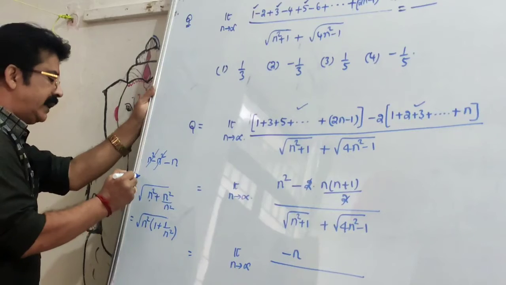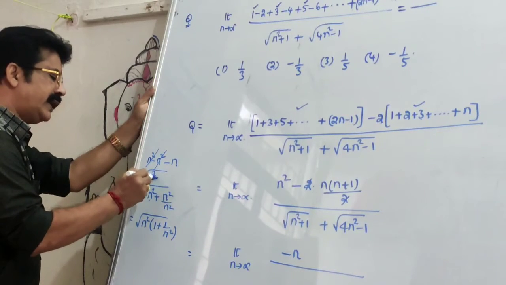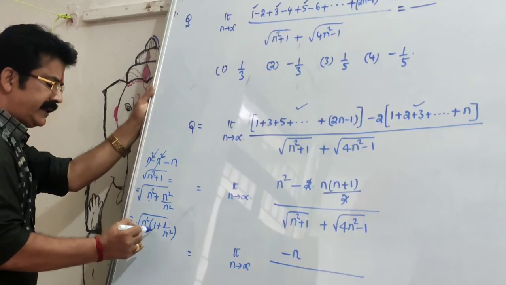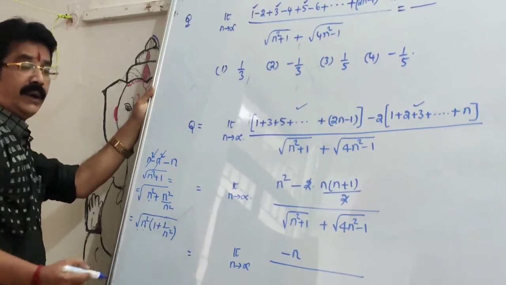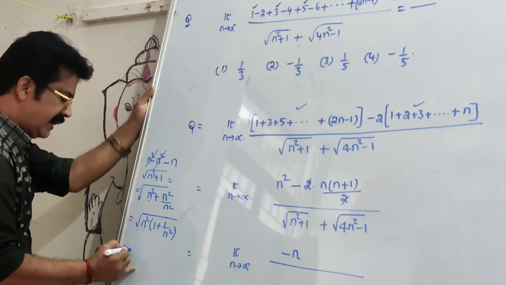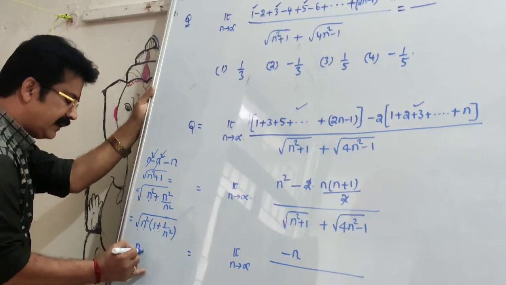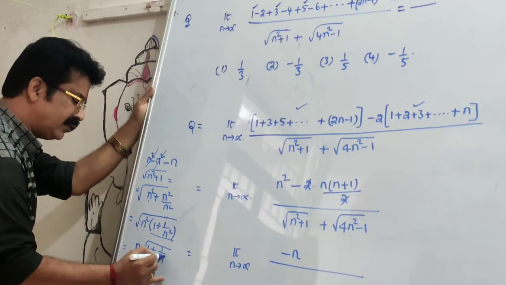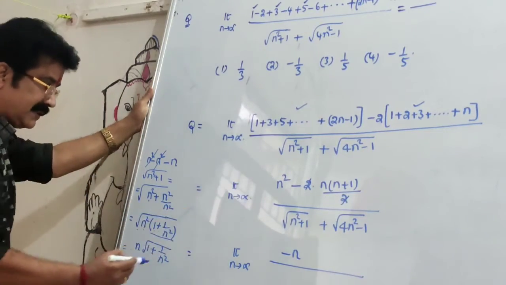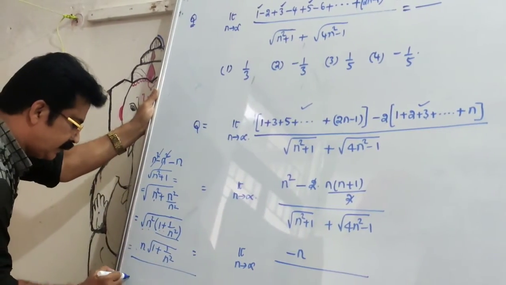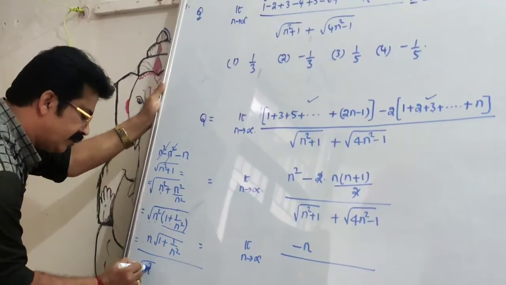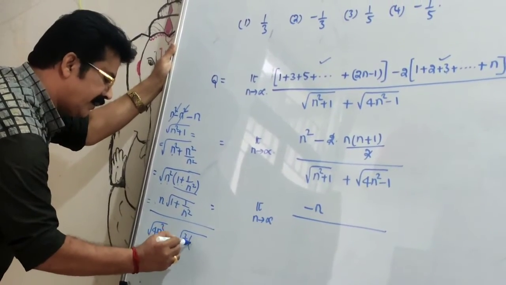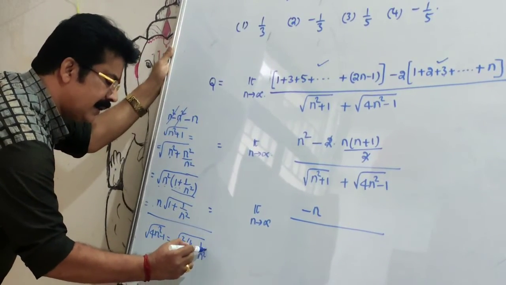So therefore square root of n square plus 1 can be written as root of n square into (1 plus 1 by n square). So it will be square root of n square, meaning n, into root of 1 plus 1 by n square. Similarly, let us consider square root of 4n square minus 1, taking n square common, it is 4 minus 1 by n square.